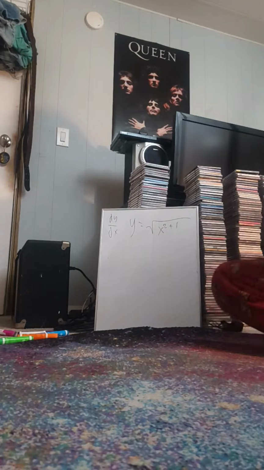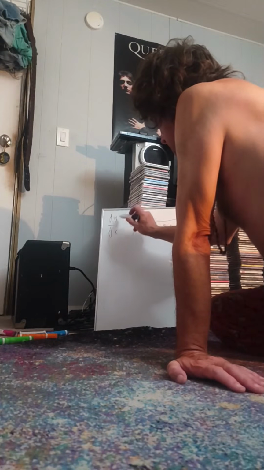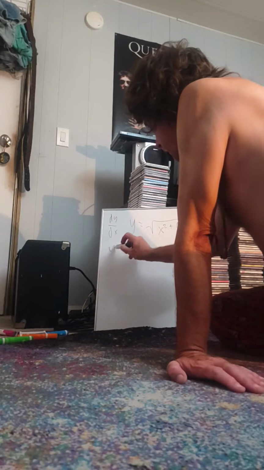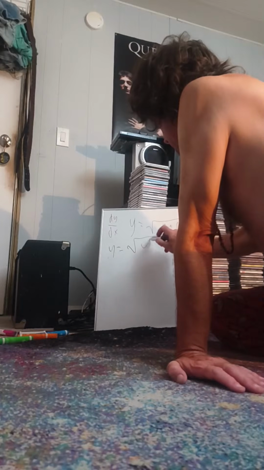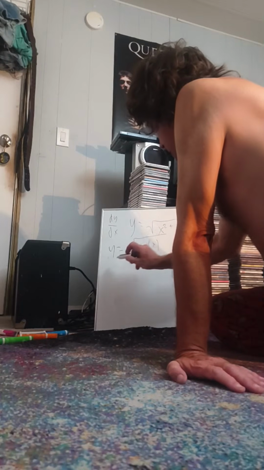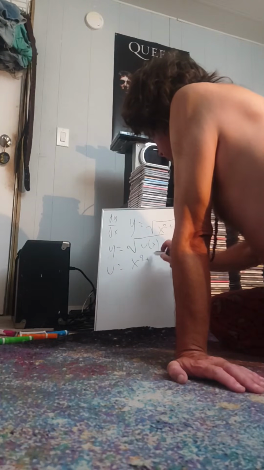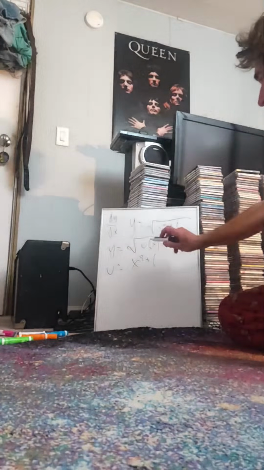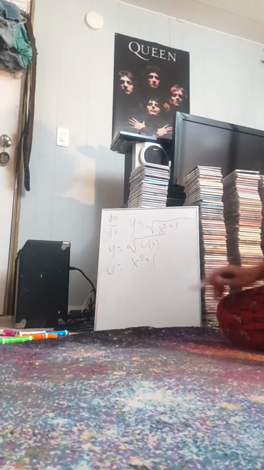But we're going to say that y equals the square root of u, and that u equals x squared plus 1. So we make x squared plus 1 equal to u, and then y equals the square root of u. And we want dy/dx.